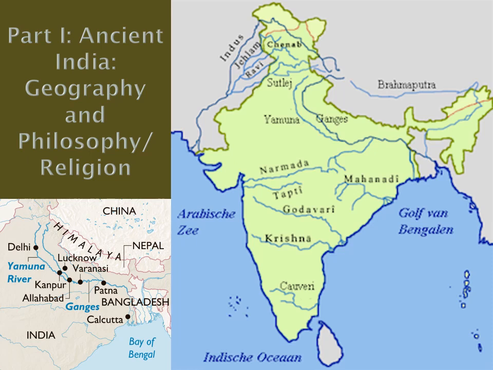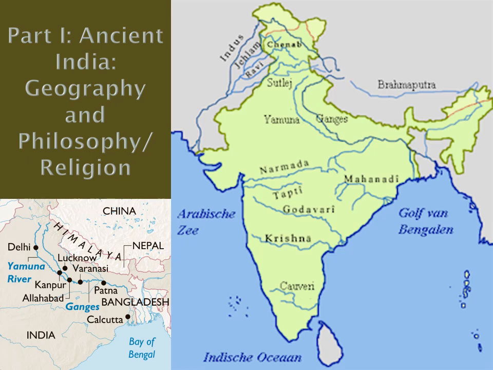The Ganges and the Yamuna rivers, they have separate sources in the high Himalayas. Eventually, they unite in the plains of northern India and flow on together until they empty into the Bay of Bengal. So take a look at the map on the right. You see Yamuna River in the center on the left, and then on the right paralleling it, it is the Ganges River.